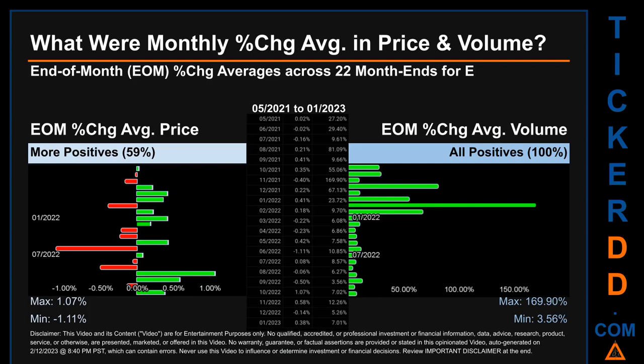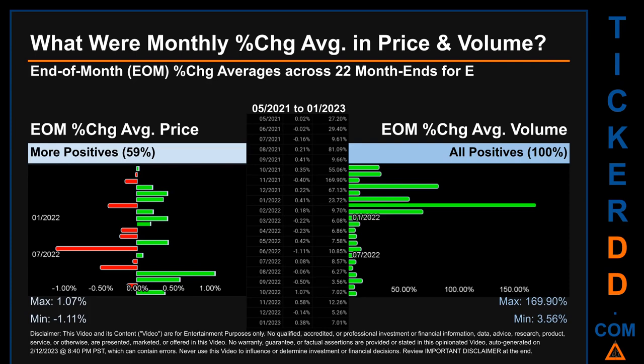From 05/2021 to 01/2023, 13 out of 22 month ends had a positive percentage change in average price. That is 59% of month ends saw a positive percentage change in average price. In terms of volume, 22 out of 22 month ends had a positive percentage change.